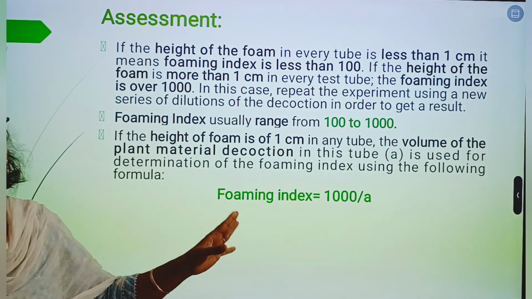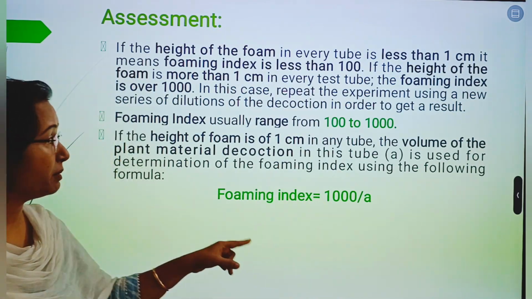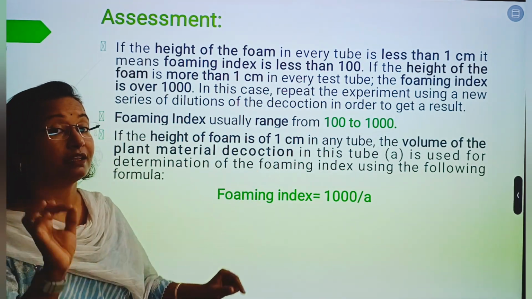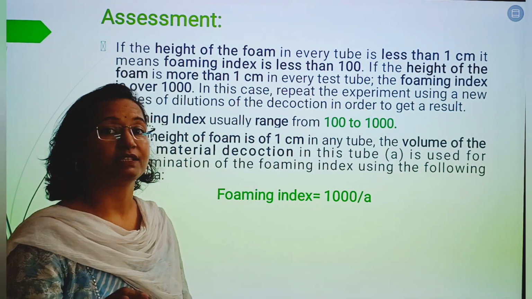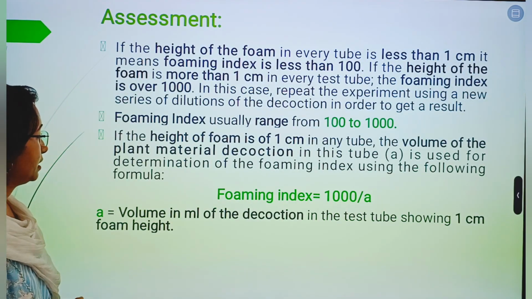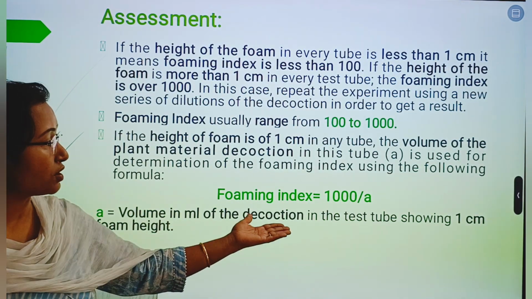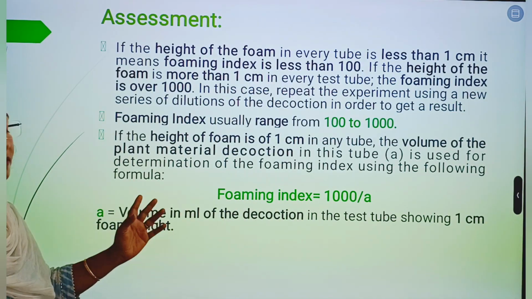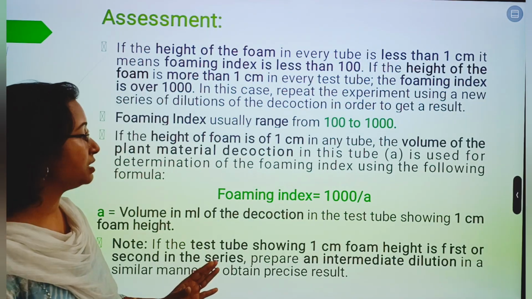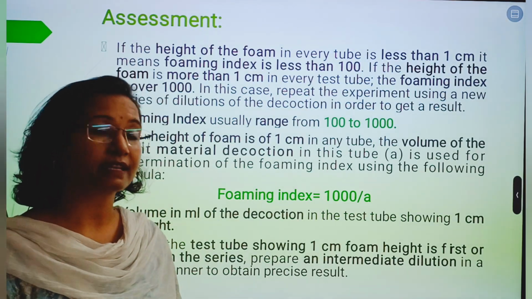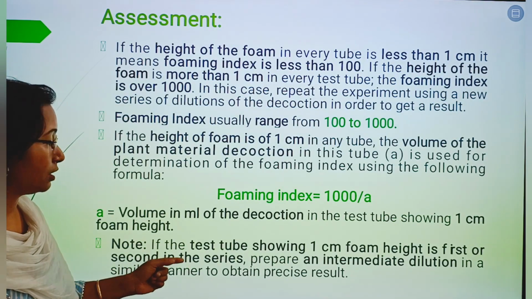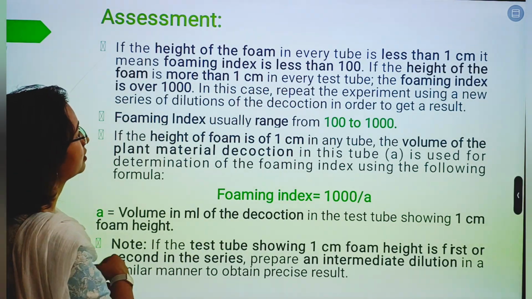Foaming index is 1000 divided by A. Remember, A is the volume in ml of the decoction in the test tube showing 1 centimeter of foam height. If the test tube showing 1 centimeter of foam height is the first or the second one, we prepare an intermediate dilution to obtain the precise result.